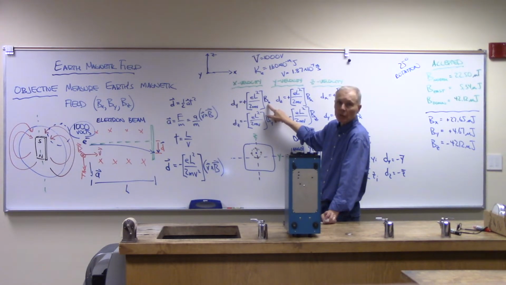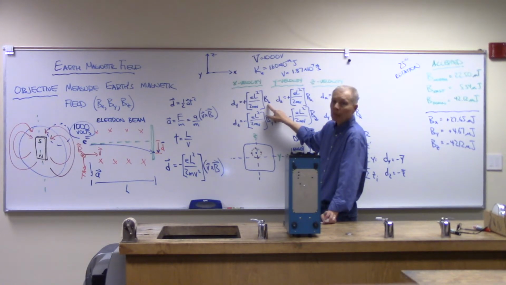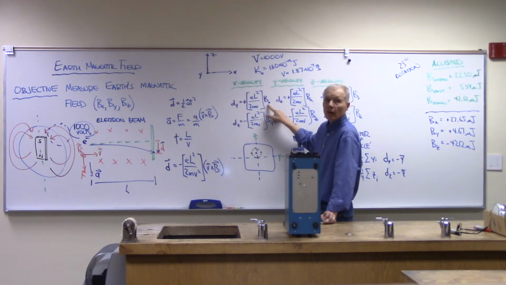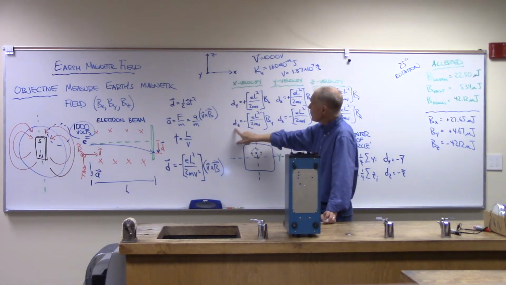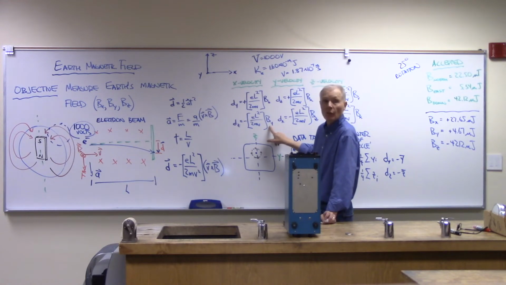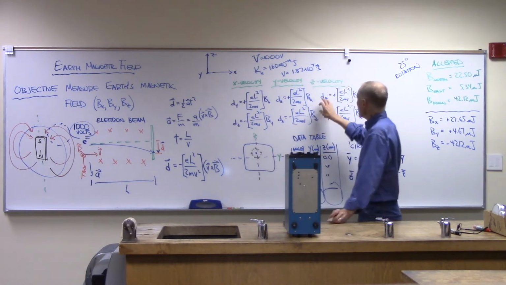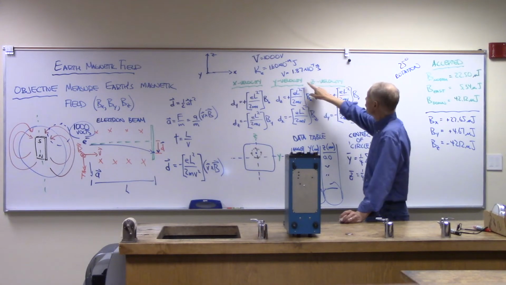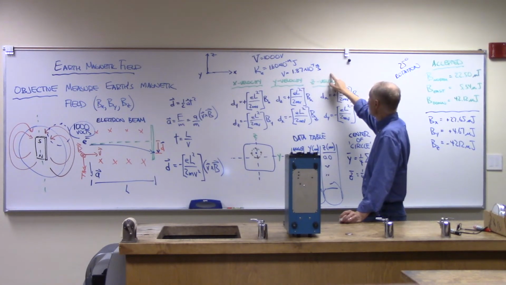Everything's perpendicular here. So we weren't kidding when we said this is really a three-dimensional lab. You really have to keep track of all components of the vectors. And then any deflection that I see in the z would indicate a magnetic field in the y. And then that pattern continues for y velocity and for z velocity.